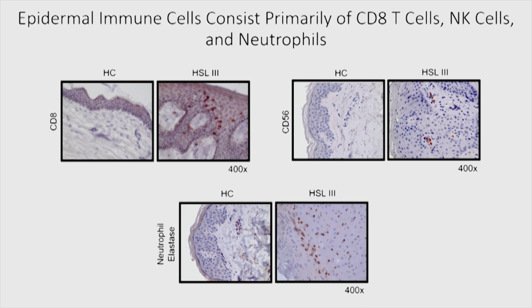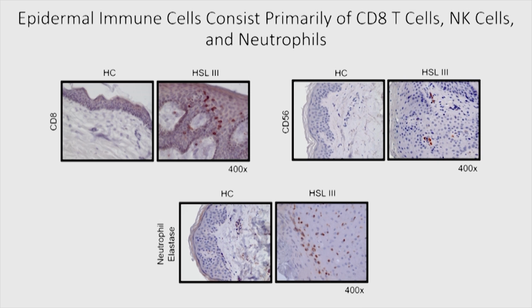You get CD8 T cells in the epidermis, NK cells, as well as neutrophils. So CD8 T cells and NK cells are also present in earlier lesions, generally at a reduced number. Neutrophils are pretty specifically found in Hurley stage 3 lesions, so only the most severe inflammation really includes neutrophil presence in the epidermis.